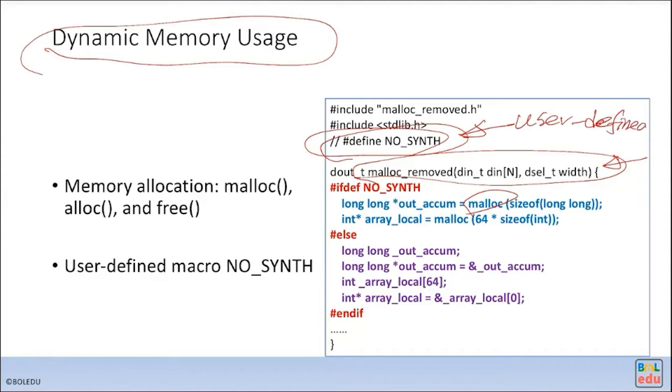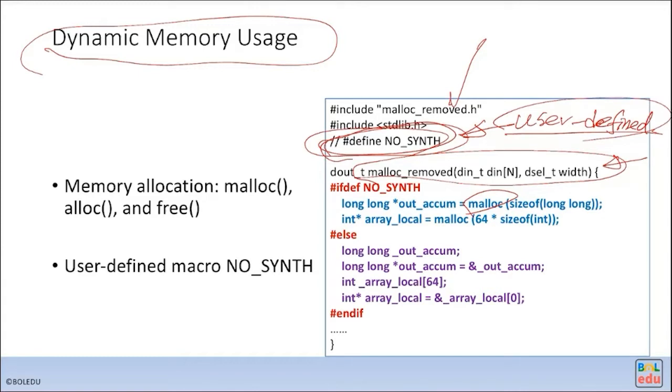It's not available in HLS, so you have to define it by yourself. When doing the C simulation, you define this macro, and when you want to run this code in HLS, you comment it out.